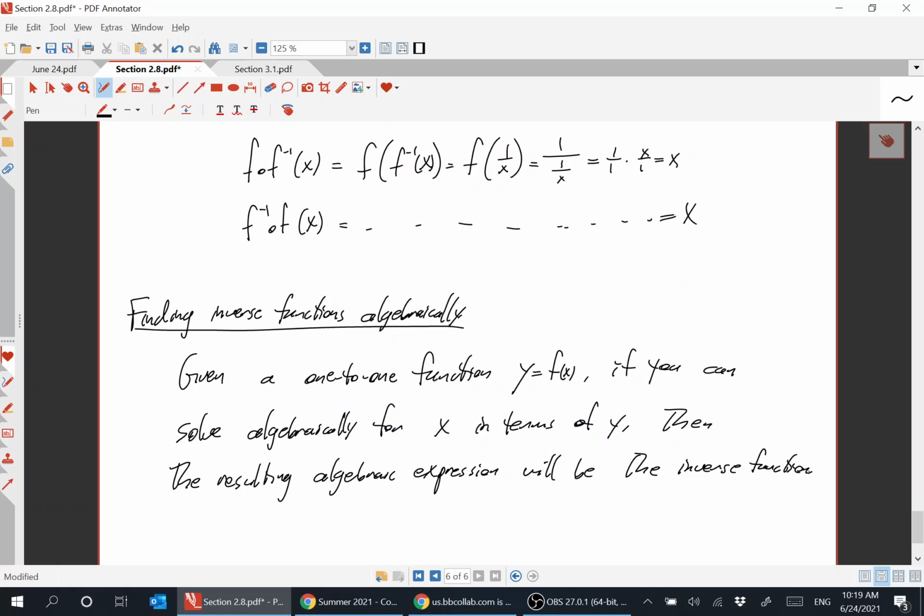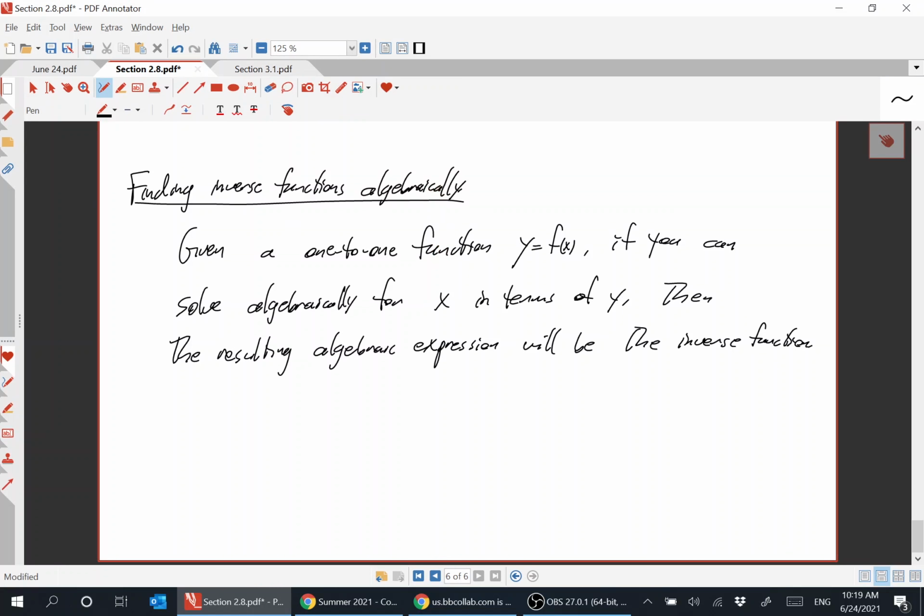Because you know f of x takes x to y. So if you can solve for x in terms of y, you'll know how to take y back to x. So that's the basic idea.